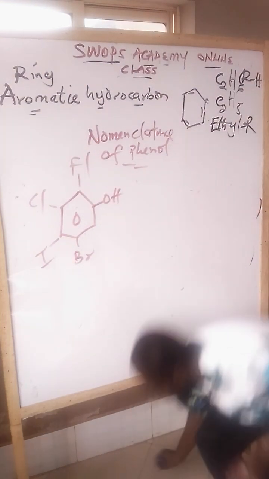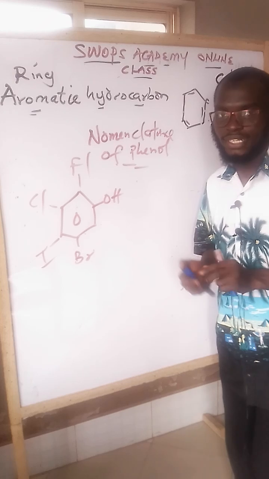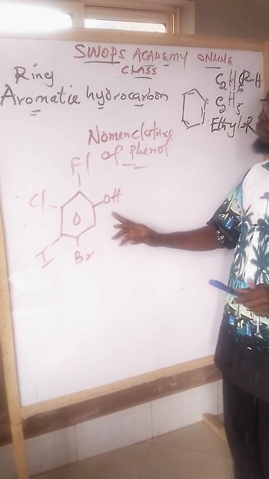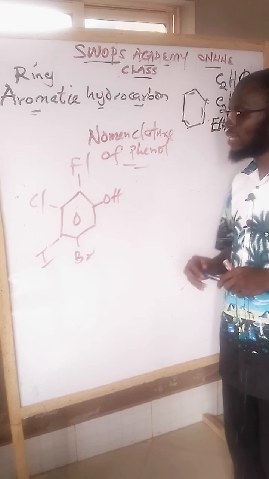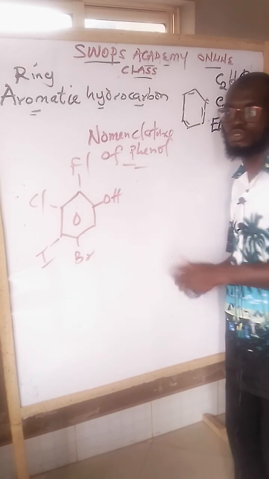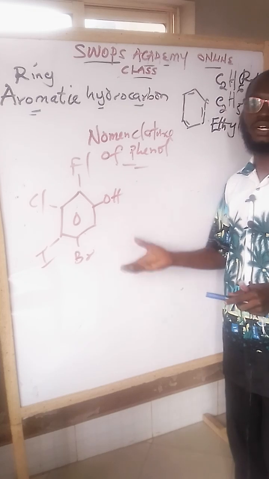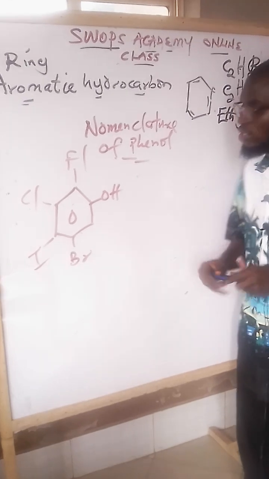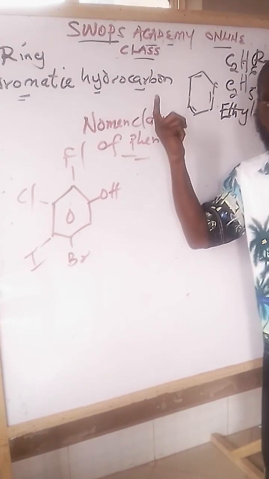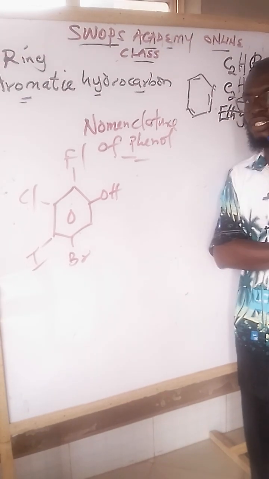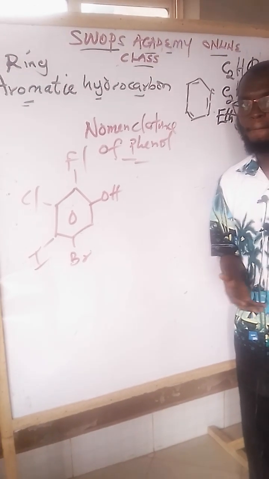The mistake that some people make is that they don't start from this. What makes you know that this structure is a phenol, an aromatic hydrocarbon phenol structure, is a check. Firstly, the first rule that I mentioned: is this OH attached directly to the benzene ring?